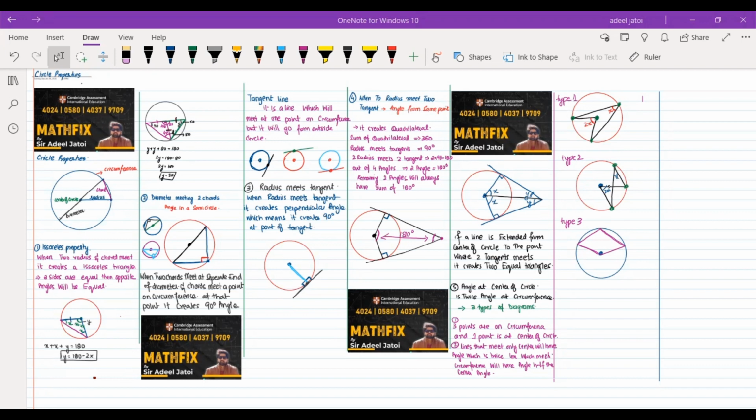Your diameter and 2 chords have the center of the circle. Your radius and tangent has the center of the circle. Your 2 radii and 2 tangents have the center of the circle. Similarly, the angle at the center of the circle is twice the angle at the circumference, which also has the center of the circle. So the most common point in these particular properties is the center of the circle.